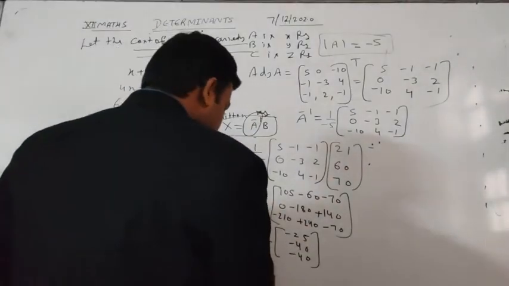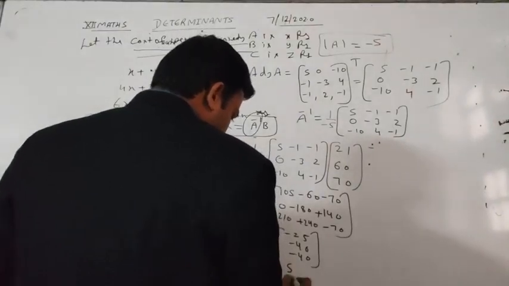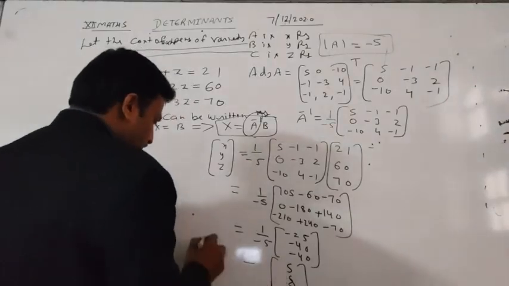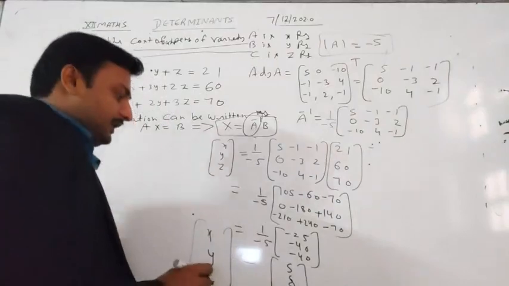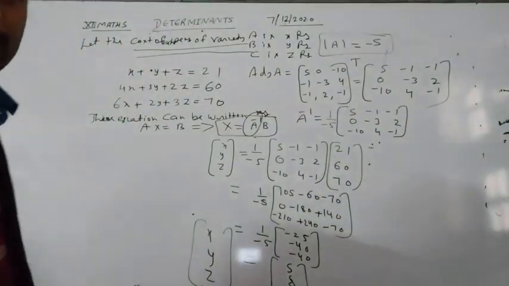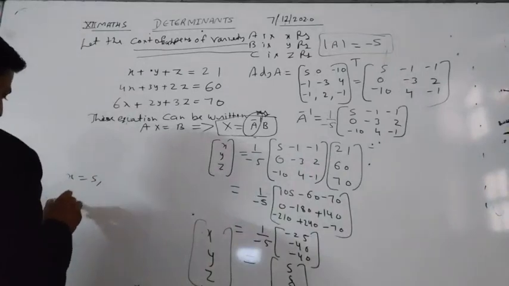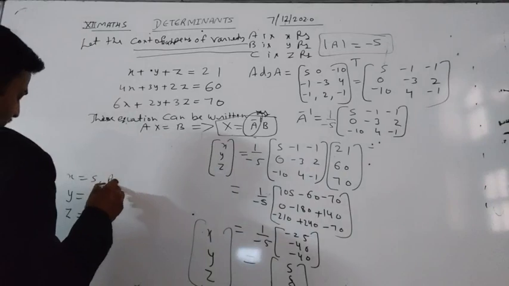Multiply inside this, we are getting 5, 5 8, yeah, and 5 8, yeah. So our x, y and z is 5 8 8. Comparing both sides, our x is equal to 5, y is equal to 8 and z is equal to 8.